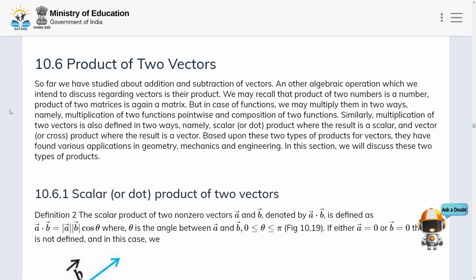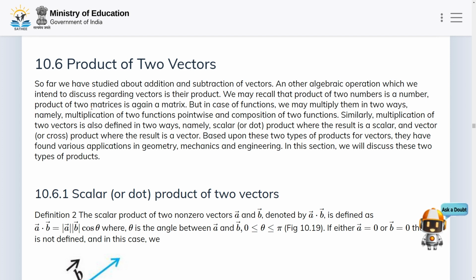In today's session, we will be seeing the product of two vectors. So far, we have seen addition and subtraction of vectors, and the product of a vector by a scalar.